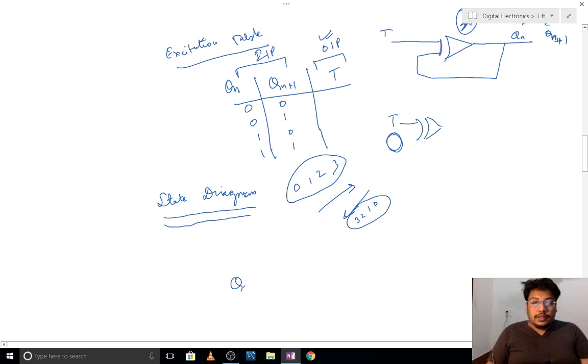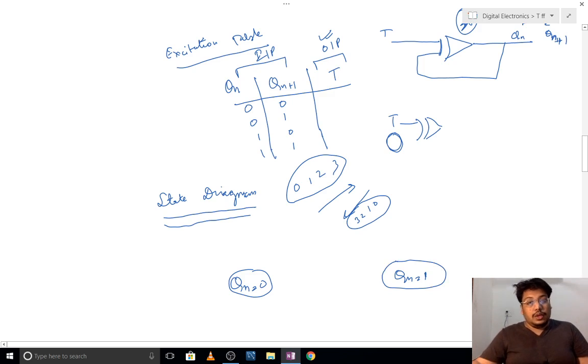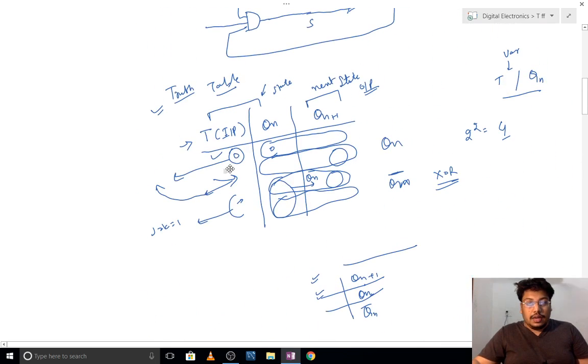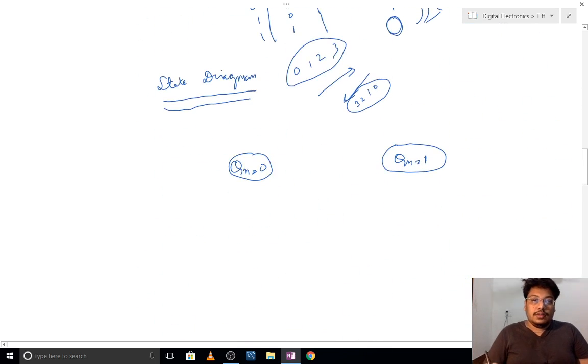So moving to the state diagram, Qn must be 0 or 1, right, as we have done in SR or JK flip-flop. So if T is 0 and Qn is 0, the output will be the same.